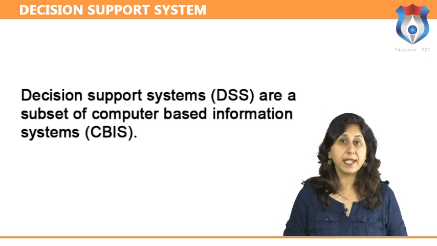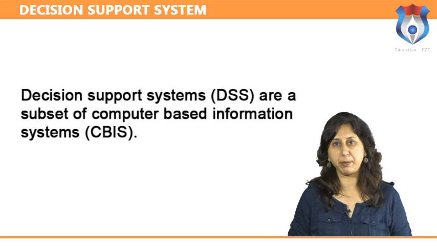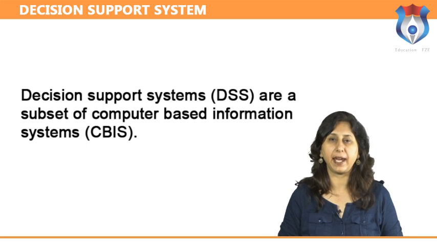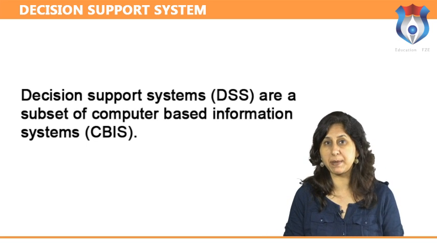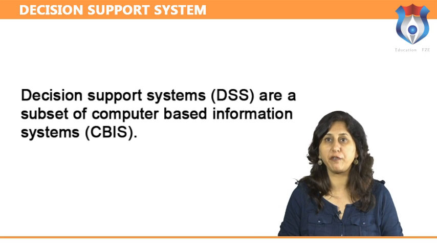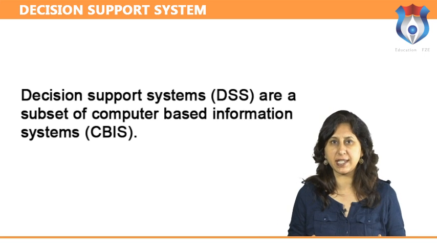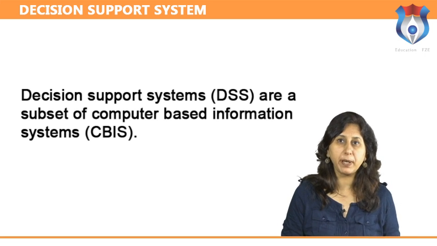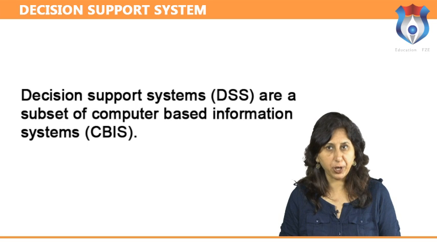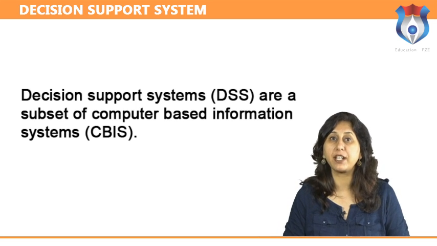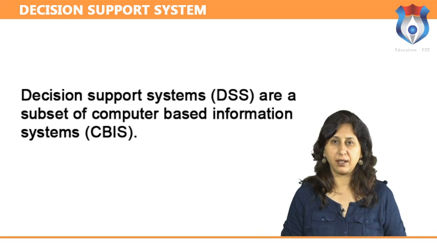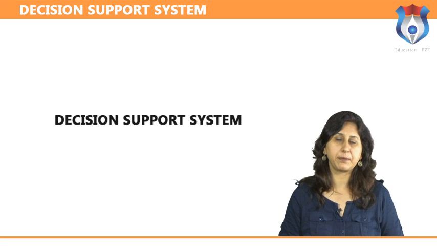DSS are a subset of Computer-Based Information Systems, CBIS. Here, Computer-Based Information Systems means a constellation of a variety of information systems such as office automation systems, transaction processing systems, management information systems, and management support systems. Decision Support System.